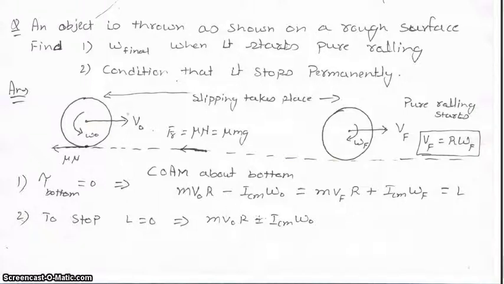So just equate it to 0, and we get this. It's an important observation: for no other relation between V0 and ω0 does the body stop permanently. Means no matter what speed you give, the body will finally start pure rolling, except for this condition.